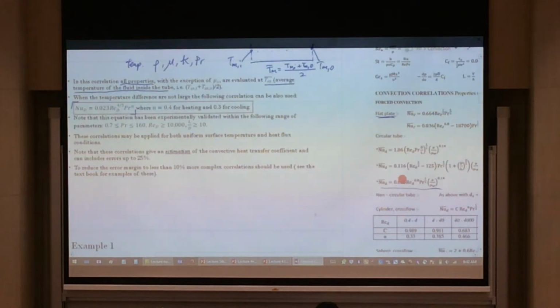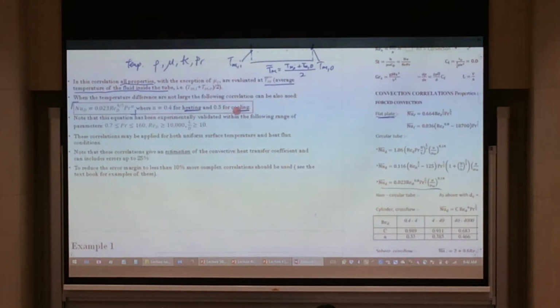So you have that coefficient here, and you have that Reynolds number. Now the power 4/5 is actually 0.8. Your Prandtl number, if it's for heating, then your Prandtl power is going to be 0.4.